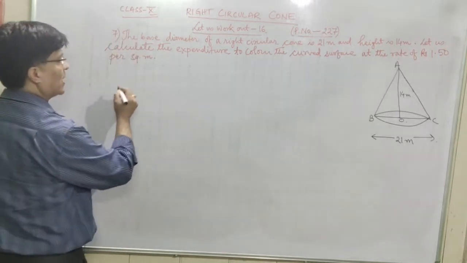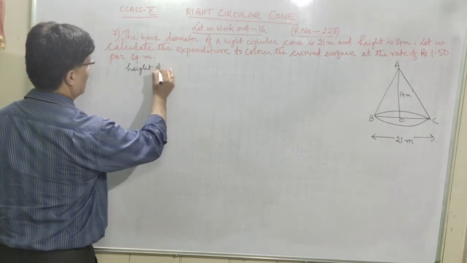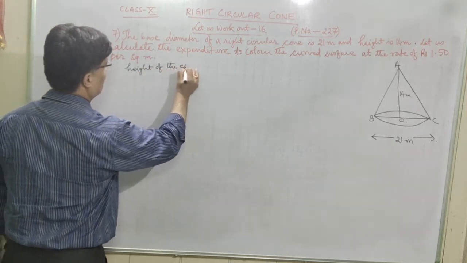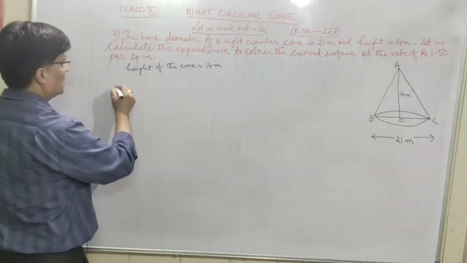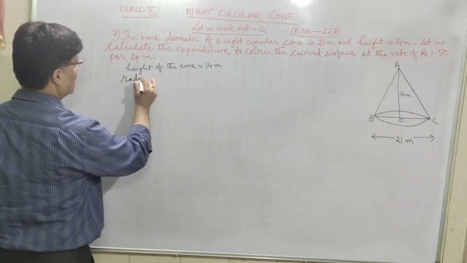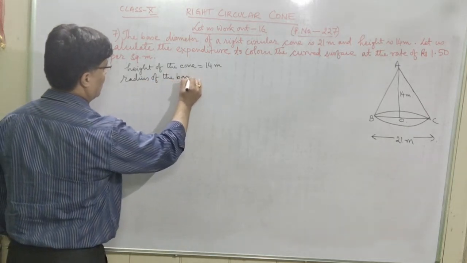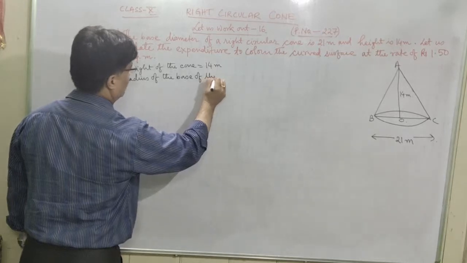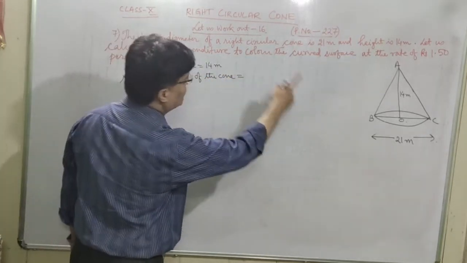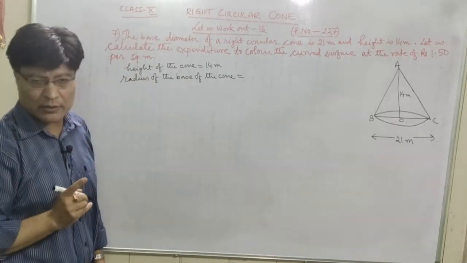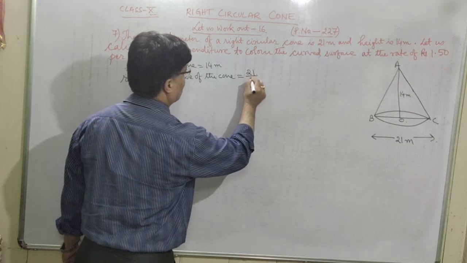So here, what is the height? Height of the cone is equal to 14 meter, right? What is the radius of the base? Radius of the base of the cone is equal to, since 21 meter is the diameter of the base of the cone, it is divided by 2 to get the radius.